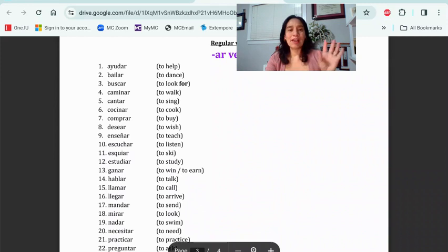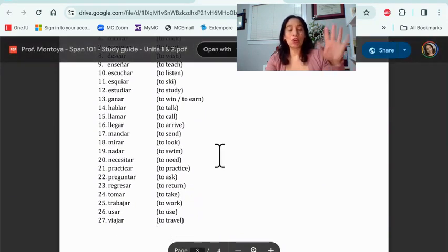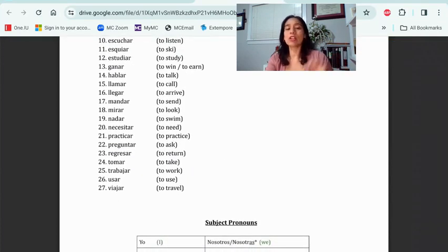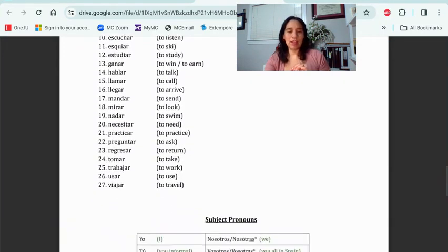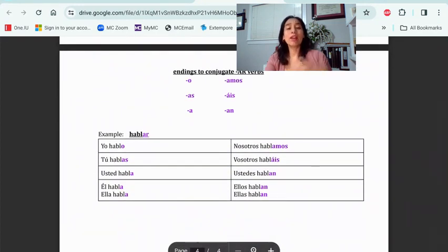And also I have a summary of all the verbs that we need to know by then. These are all AR verbs. That is what we are learning during this unit. There is a total of 27 verbs. Hay 27 verbos en total. And then I have some charts that I hope are helpful for you to review nuestro material.